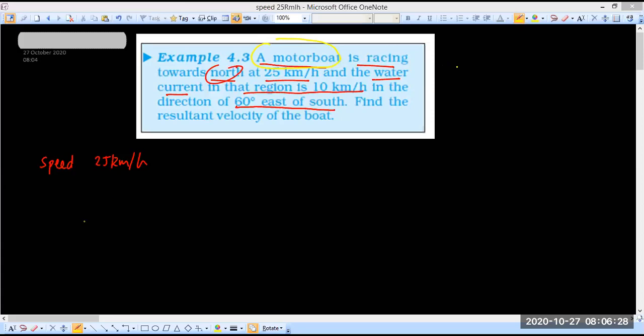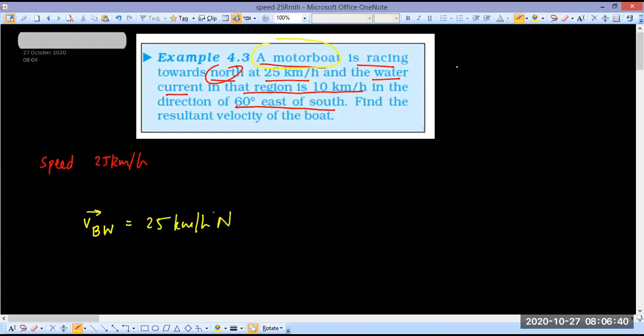So let's write that. It is given that the velocity of boat with respect to water is 25 kilometer per hour in north direction. I'm just writing the direction in brackets so that it's a vector. Don't forget, we are dealing with two dimensions here, right?